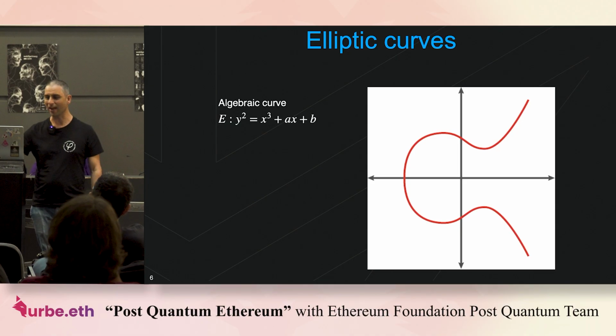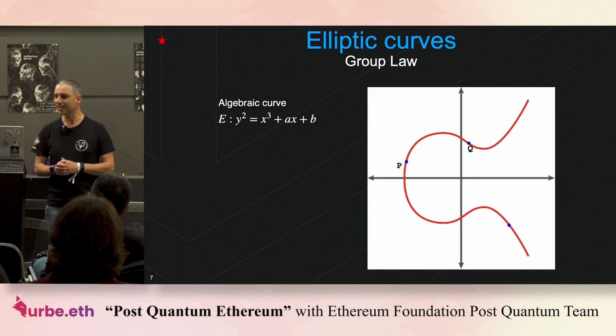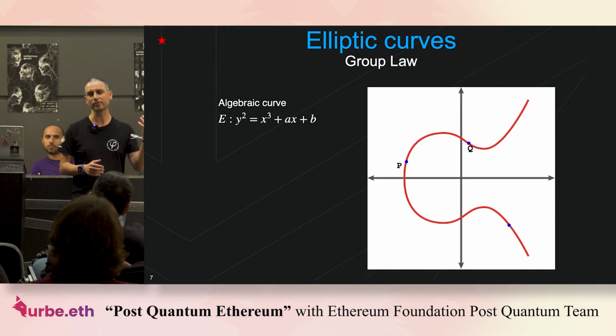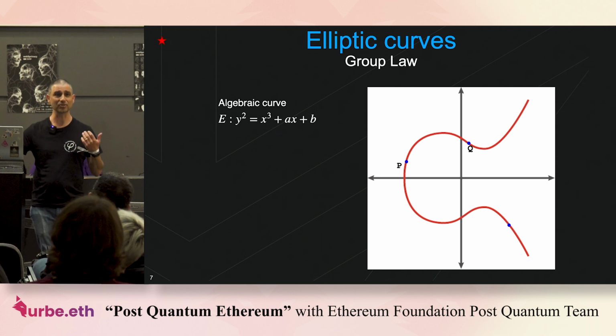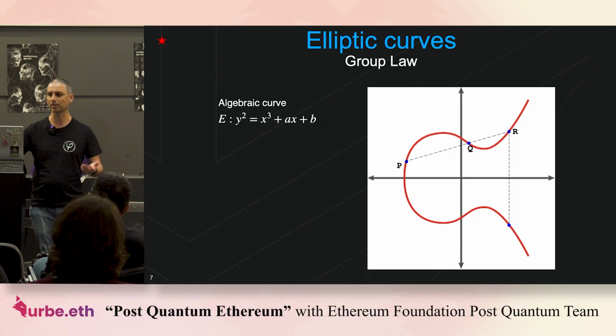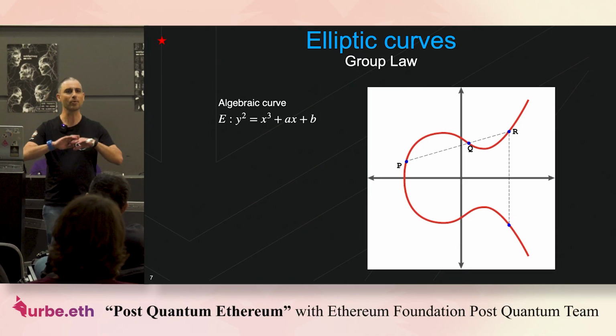What Diophantus noticed back then is that if you have two points on these elliptic curves, you can easily compute a third one. How do you do that? You trace a line, you hit the curve at a third point, you reflect it, and you have what is called point addition, the group law. He was happy.